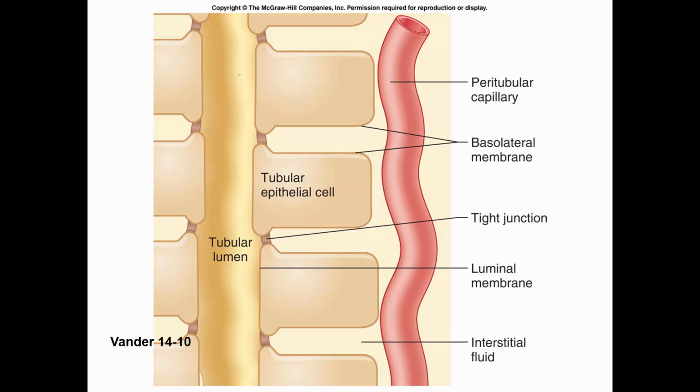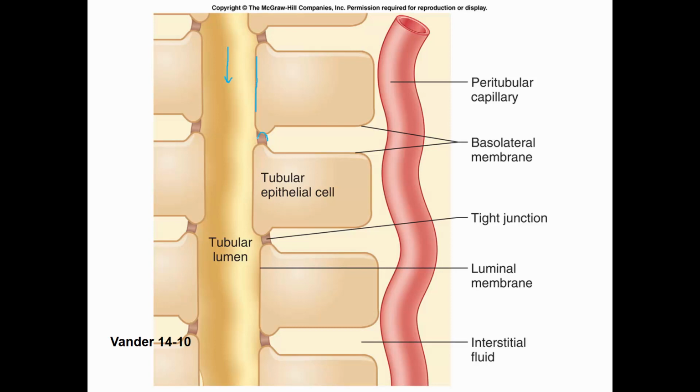So here we see the tube. Inside the tube is the lumen, and the lumen is surrounded by epithelial cells. So here we see an epithelial cell right here. This is called the luminal side of the cell because it's next to the lumen. Another term people can use is apical. I tend to use luminal just because it's a little more descriptive.